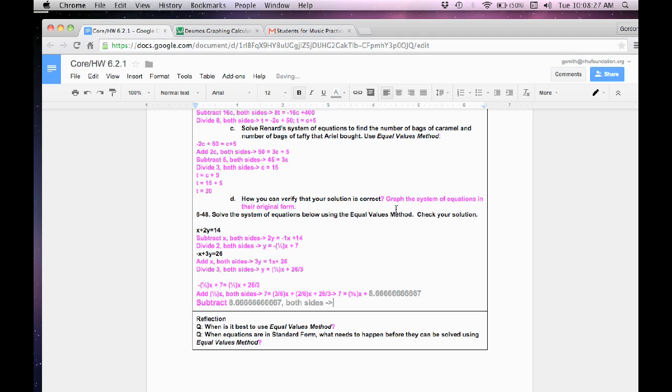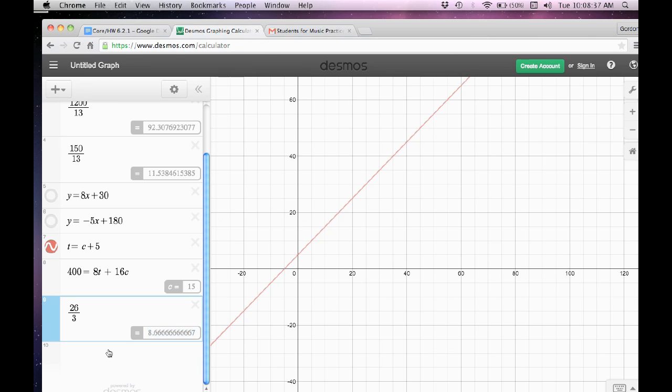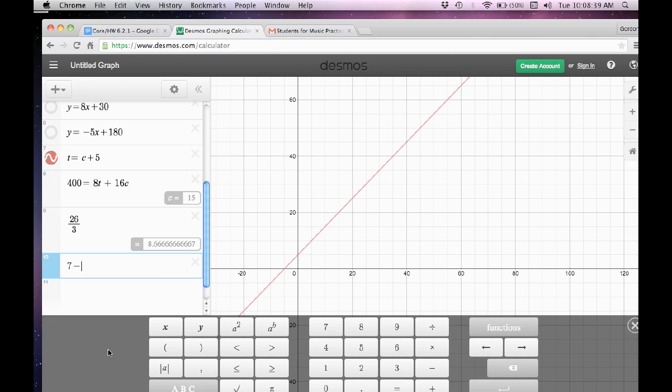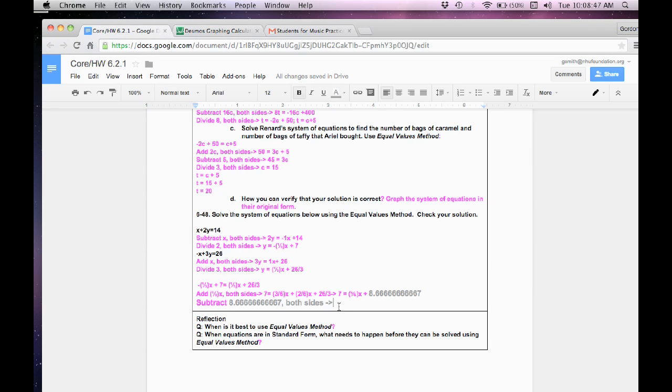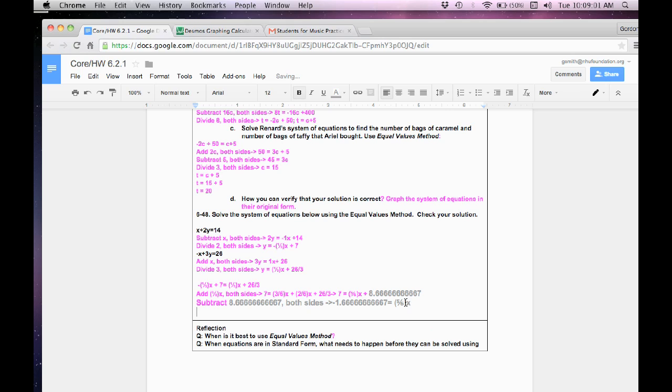And really what we get is an equation that isn't harder, it's simply more math involved. So we'll do 7 minus 8.66, so 7 minus, that gets us this, so negative 1.666. As you can see, I can just keep going back to Desmos to see that. So that is going to be equal to 5/6 x. And last, if I want to get x alone, I'll just divide both sides by 5/6.